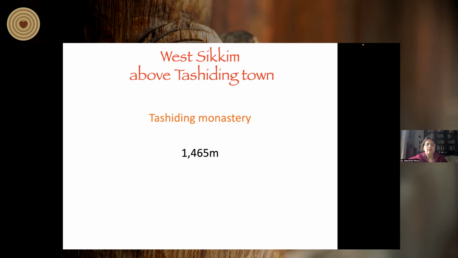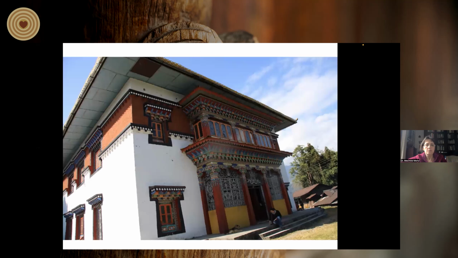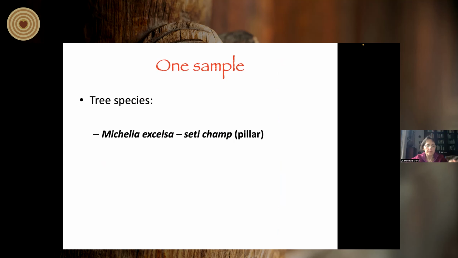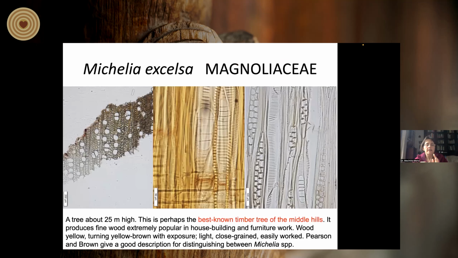So then I go to the next building, which is the Tashiding Monastery, and there I took a sample from a pillar. And again, Michelia, it's only one sample, and it is Michelia.